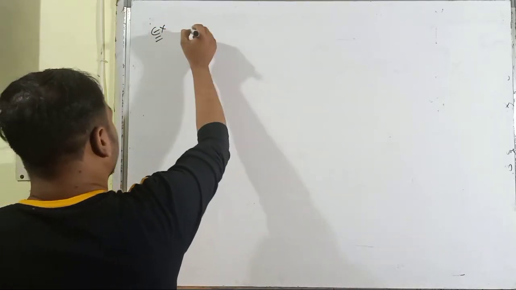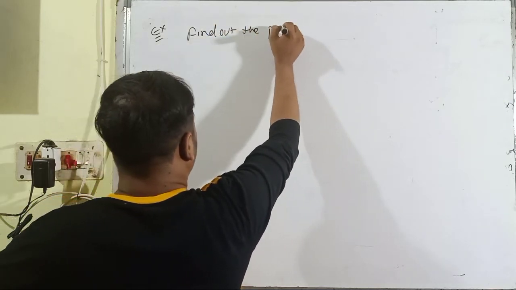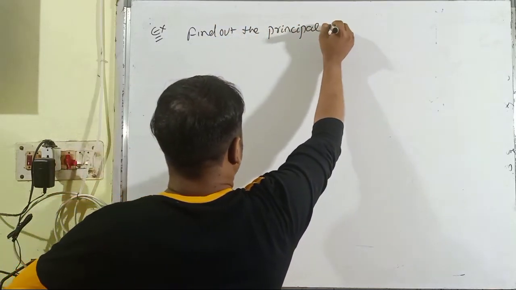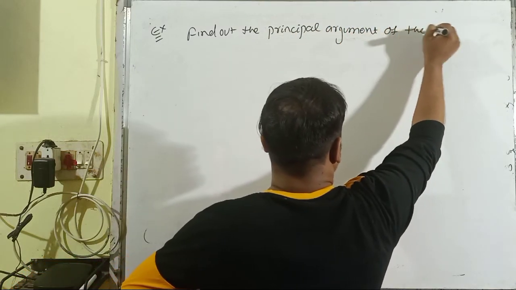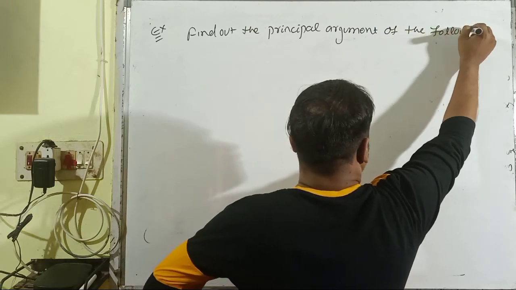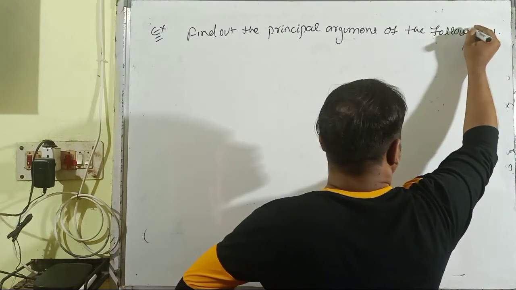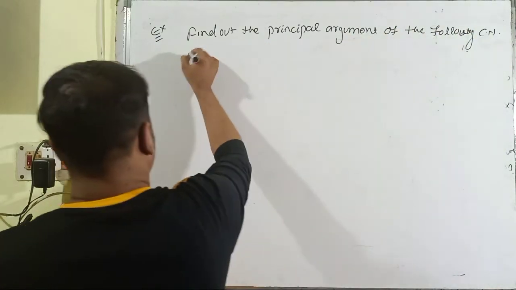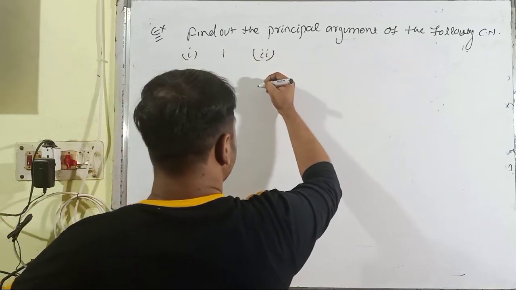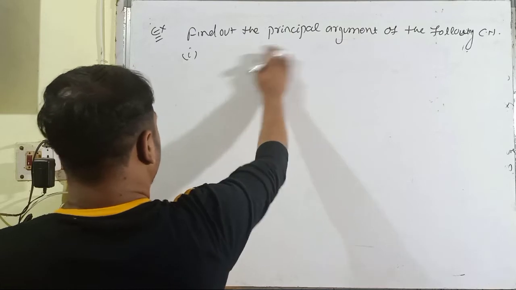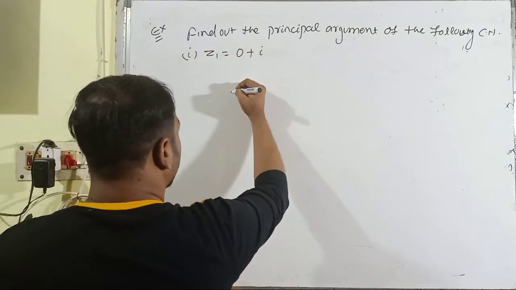So here is the problem. Find out the principal argument of the following complex numbers. The first one is z1 is equal to 0 plus i.